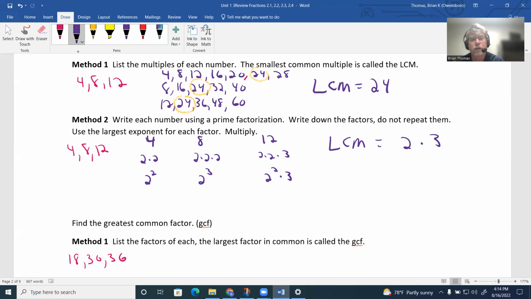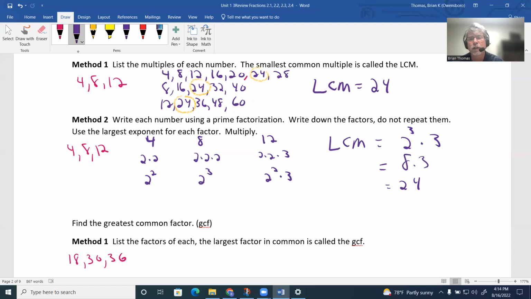So there's only 2 different factors, 2s and 3s. Once I do that, we use the largest exponent of each factor. So the most 2s I saw in common was 3. The most 3s in common was just that 1 three. So if we put that together, 2 to the third, really, that's just 8. 8 times 3 turns into 24. And that's another way I'd get my least common multiple.